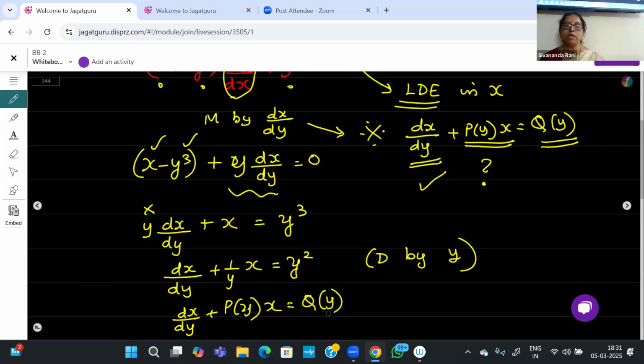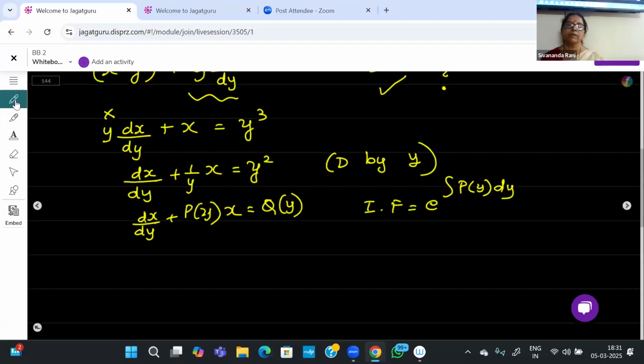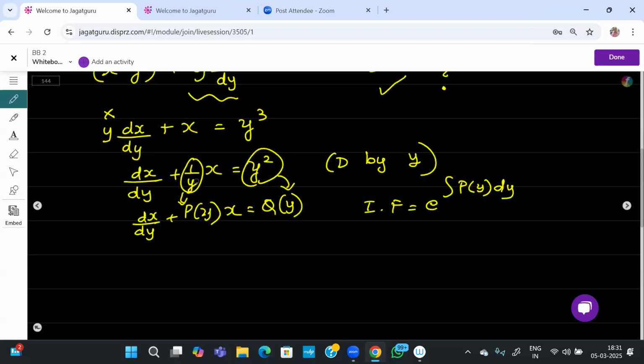So I think now you will be in a position to arrive at the integrating factor. What is the integrating factor? Y. Y.